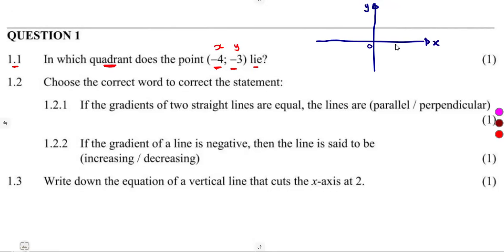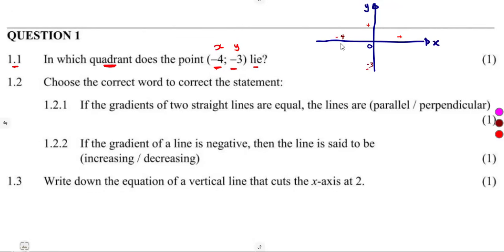As we do understand, guys, x is positive this side and negative this side. Y is positive on top and negative down. So we can have the point minus 4, the x value being negative, maybe somewhere there, and the y being negative, maybe somewhere there.